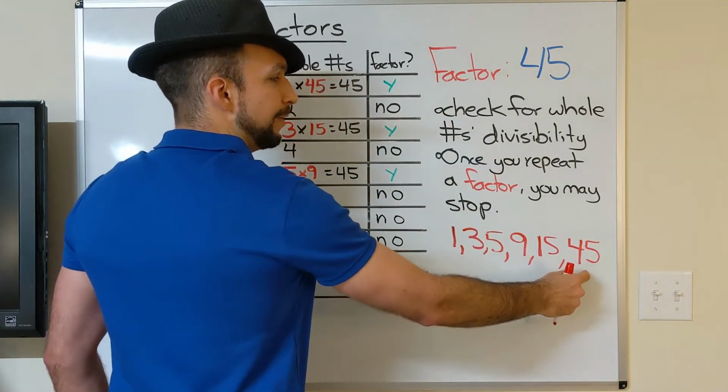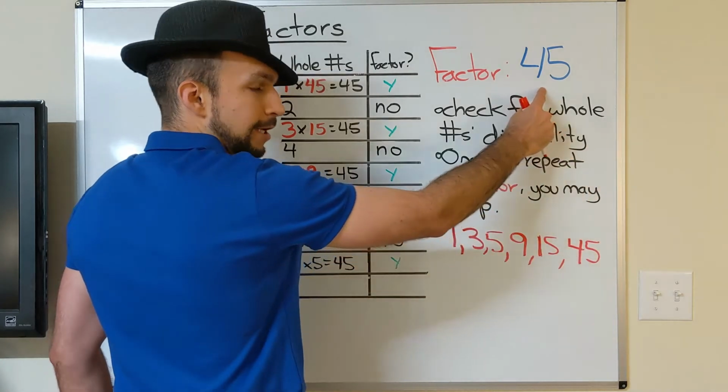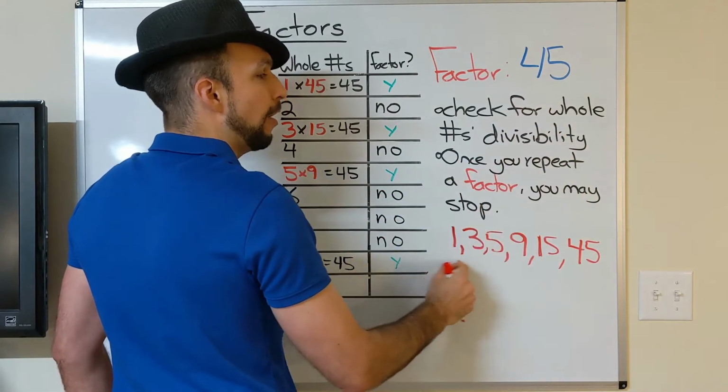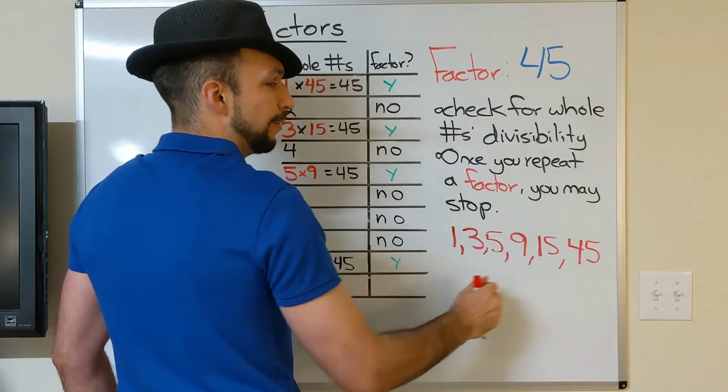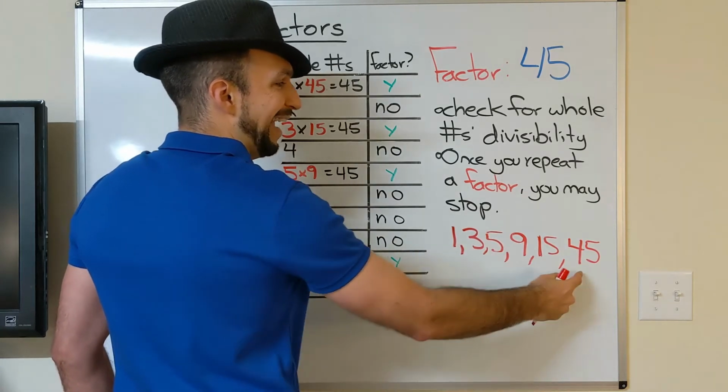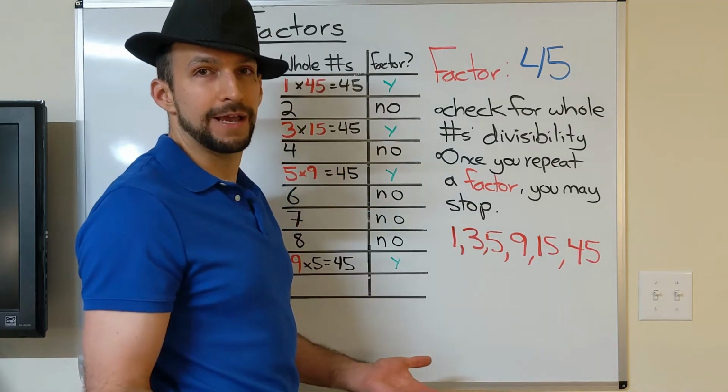Now, these may seem trivial, 1 and 45, because obviously 1 times 45 is 45, but they are factors of 45, so you'll have to make sure you list 1 and the number itself whenever you're asked to list the factors.